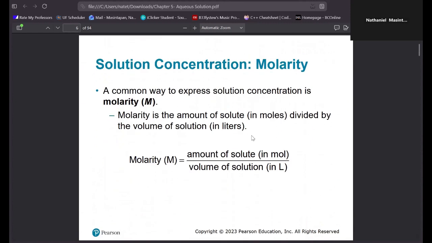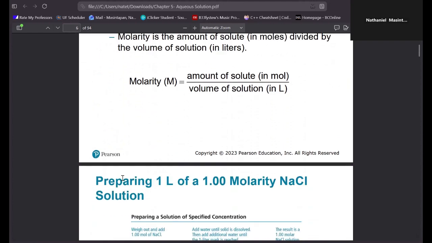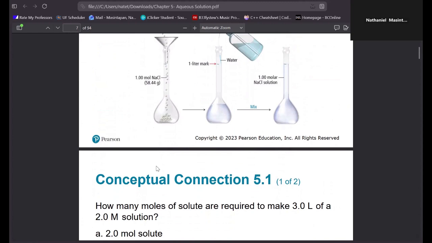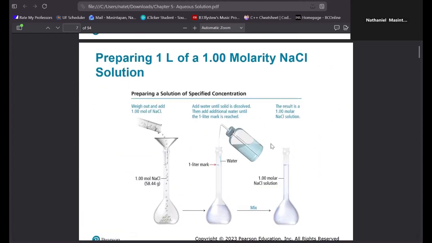To express concentration, we use molarity, the amount of solute in moles per volume of solution in liters. And these are examples of different types of preparing solutions.